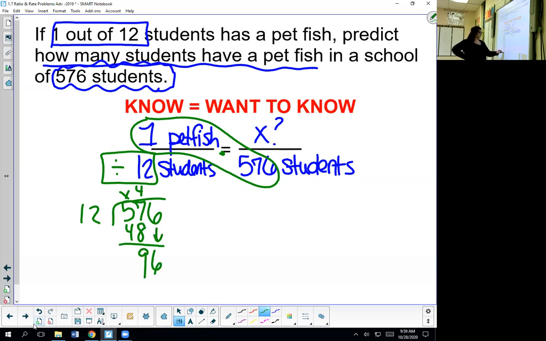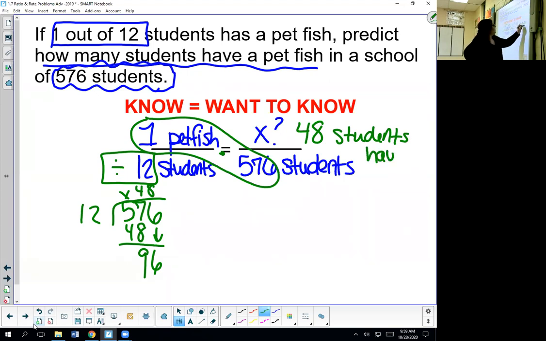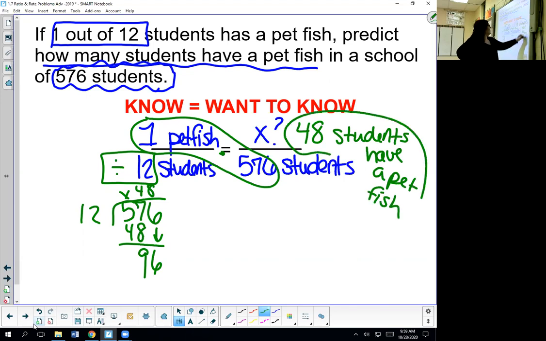Bring down the 6, 96. 12 times 8 is 96. So 48 students. Prediction doesn't mean it's going to be exact. If we continued on this rate, 48 students have a pet fish out of the total 576.